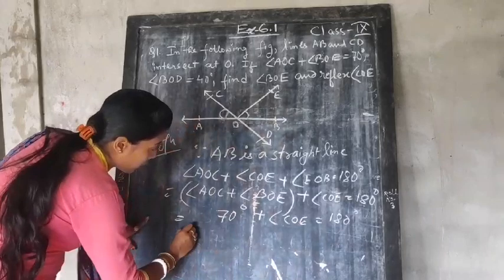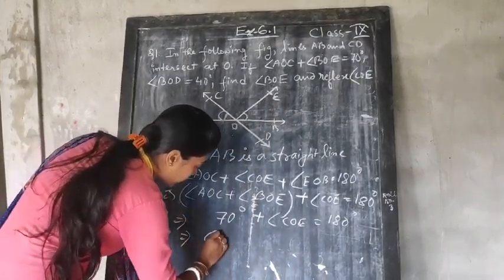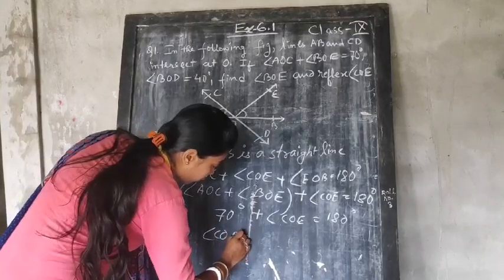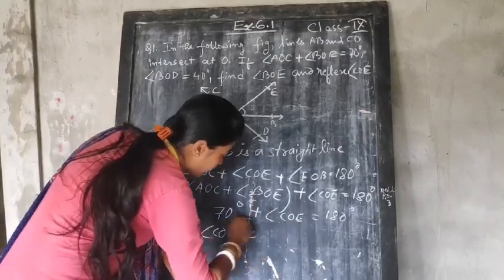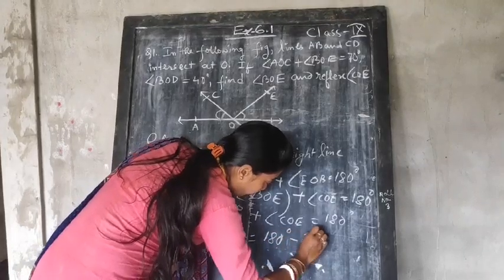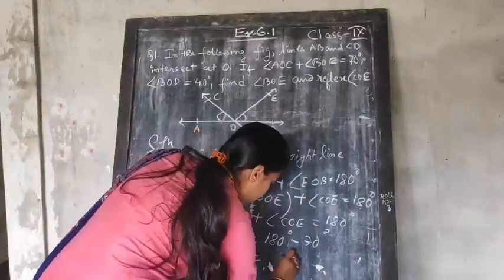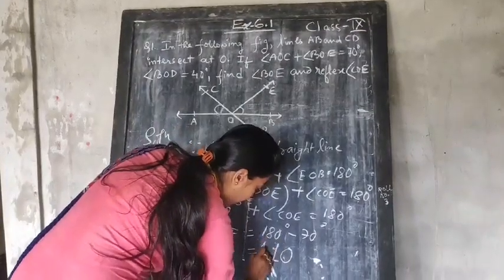Then what will be the value of angle COE? Angle COE equals 180 degrees minus 70 degrees. How much will come? 8 minus 7 is 1, so 110 degrees.